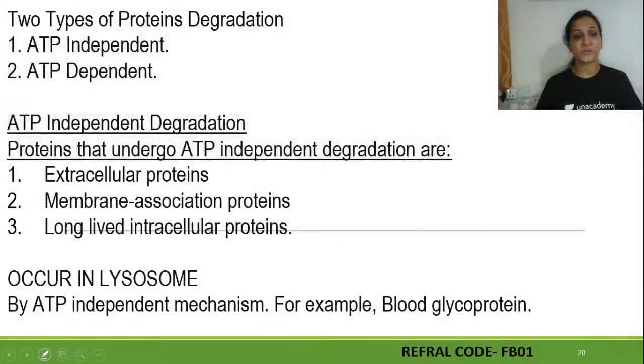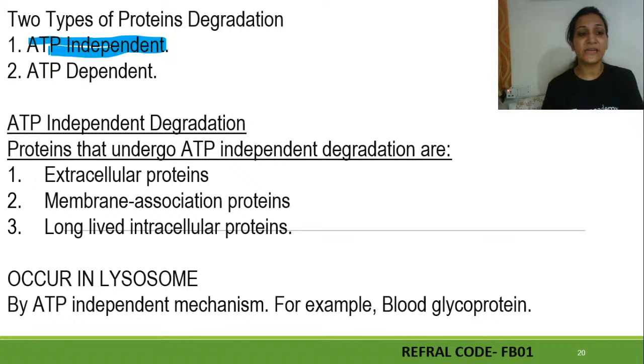Right? Let's move further. Now the protein degradation: proteins will be degraded in two ways, ATP independent degradation and ATP dependent degradation.